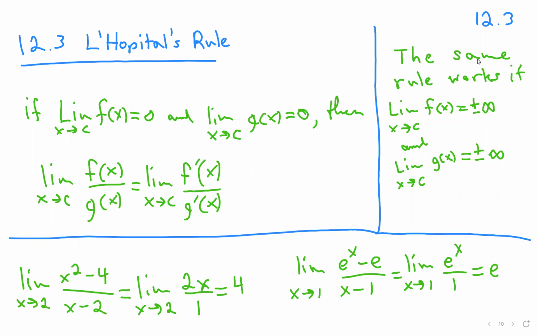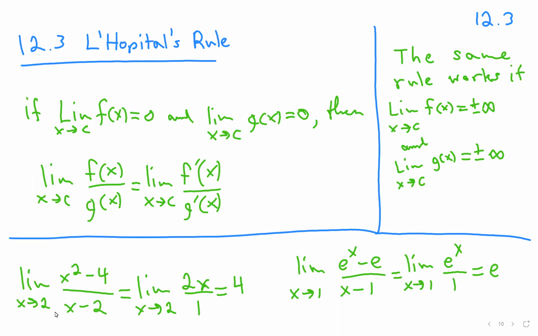Now, for an example of how to do this, let's say that we're taking the limit as x goes to 2 of x squared minus 4 over x minus 2, which is this limit down here. This is a fractional function, or rational function, with polynomials in the numerator and the denominator, which can have their derivatives taken fairly easily. The derivative in the numerator becomes 2x, and the derivative in the denominator just becomes 1.